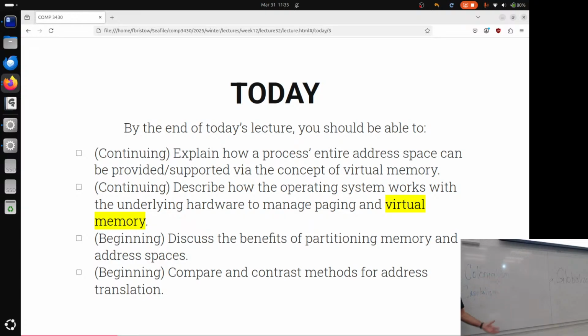It becomes relevant when you're thinking about hardware, in something like Comp 3370 on computer organization, but from the operating system perspective, we need to see the big picture and the abstraction of what's going on here.